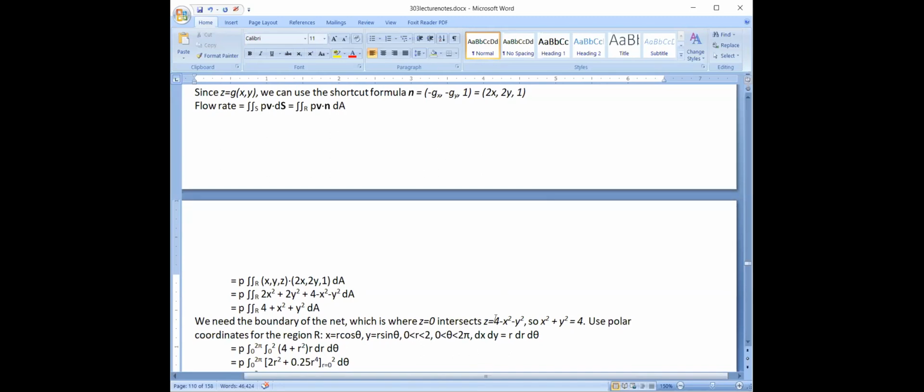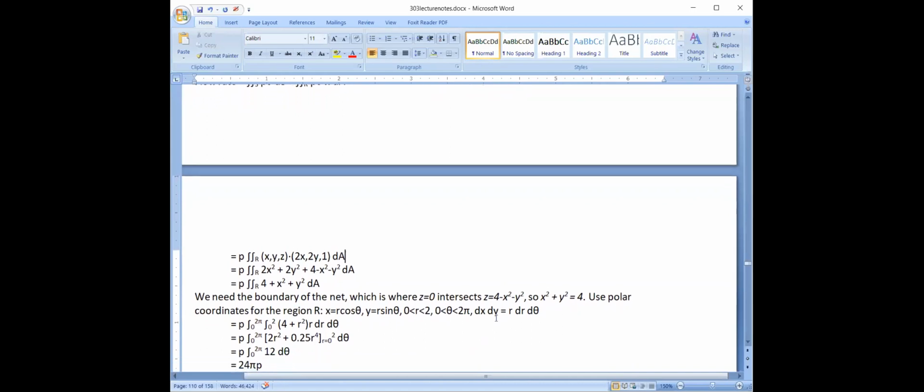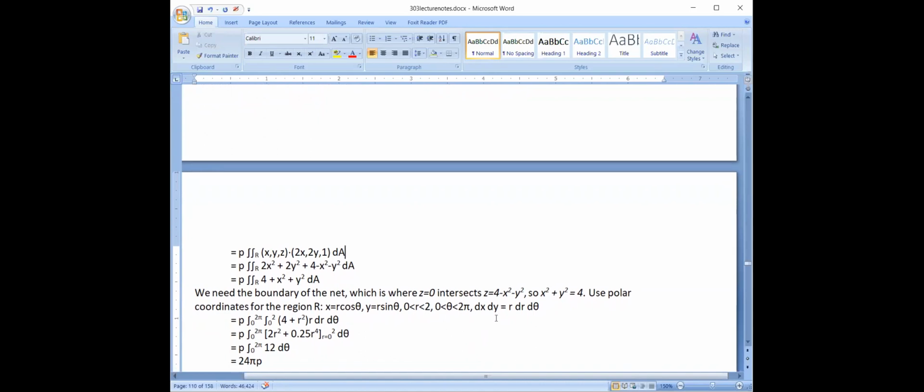Plugging that in, you just get 12. And now we integrate that d theta. That's 12 theta evaluated from 0 to 2 pi. So that just gives you 24 pi times the constant p. And again, remember this was kilograms per second for the flow of the fluid.